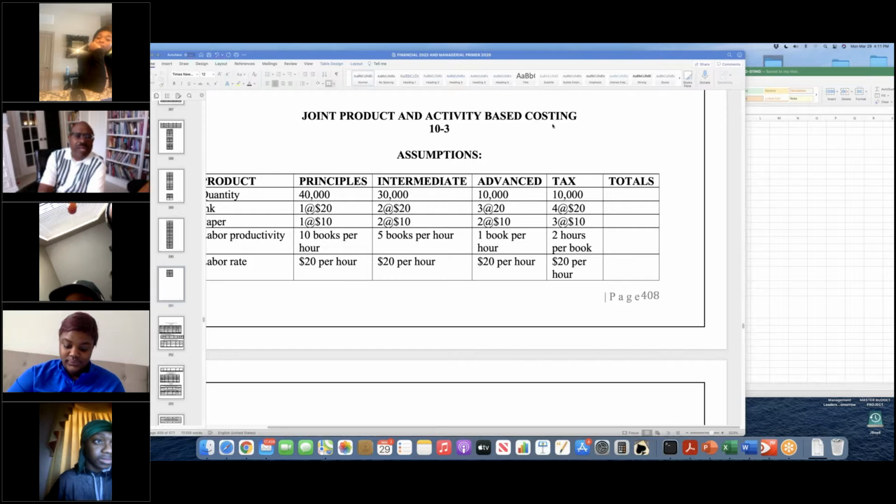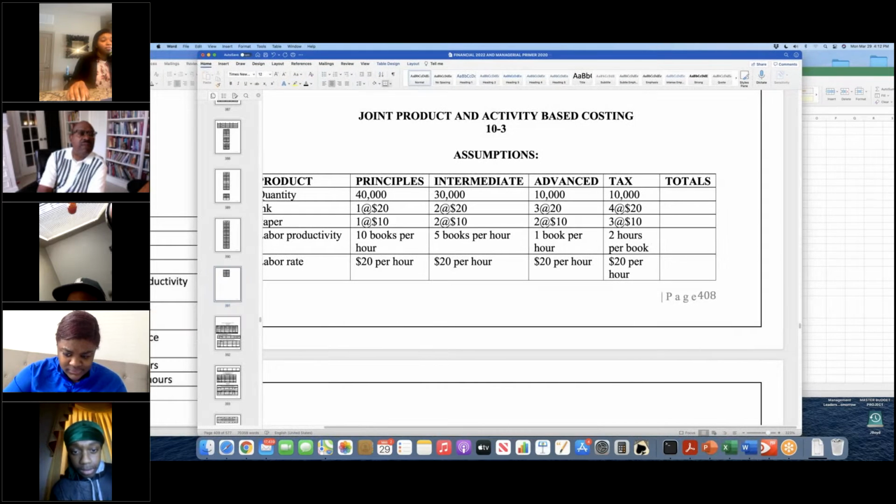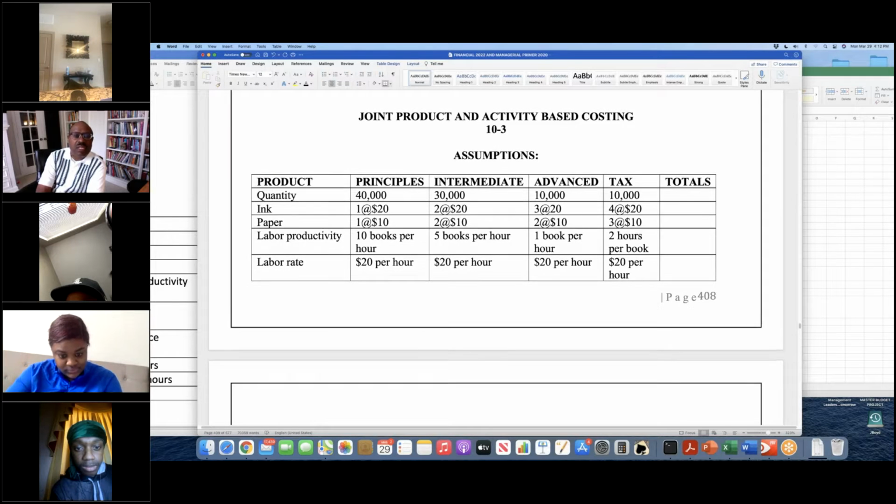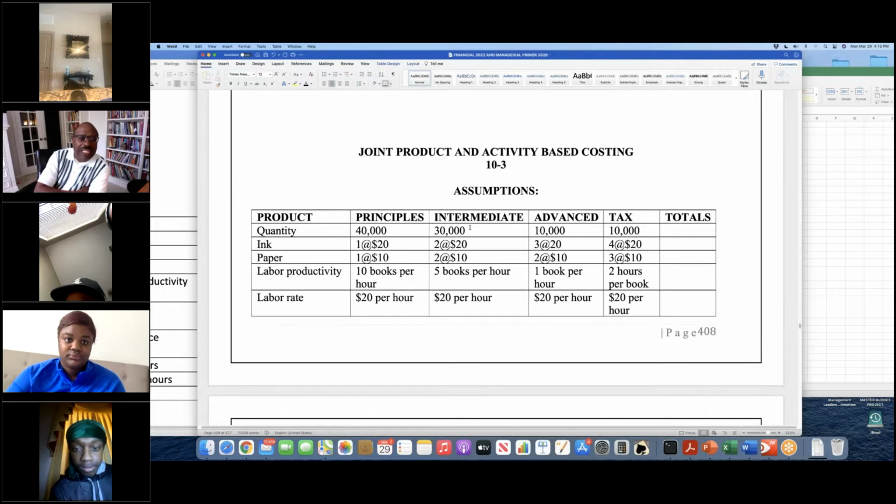Okay, so here we have joint product and activity-based costing 10-3, and we have the assumptions. So the assumptions are, you got your quantities of principals, intermediate, advanced, and tax.